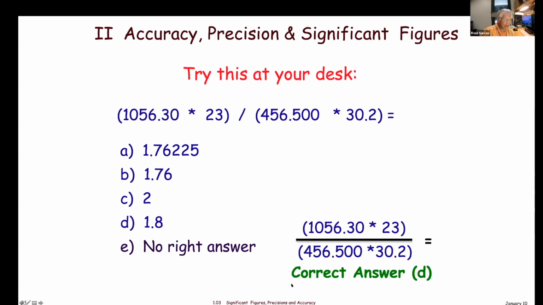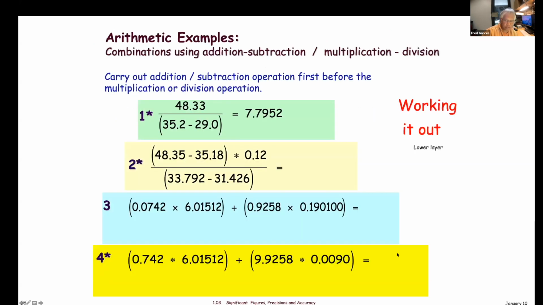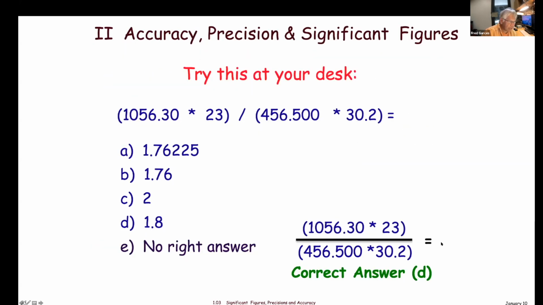If you do the math, the correct answer is the 1.8, because when you do this multiplication, you're going to round off to 2 significant figures. When you take 2 significant figures and divide by these, you're still going to have 2 significant figures. In multiplication and division, you're always rounding it off to the fewest significant figures in your data.